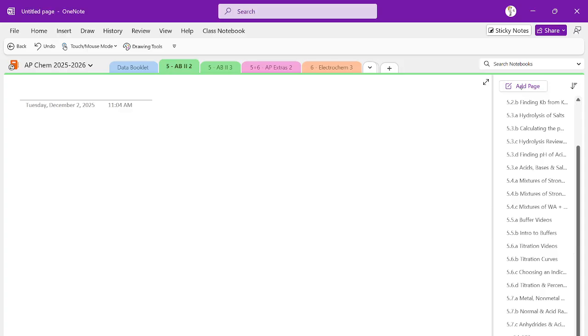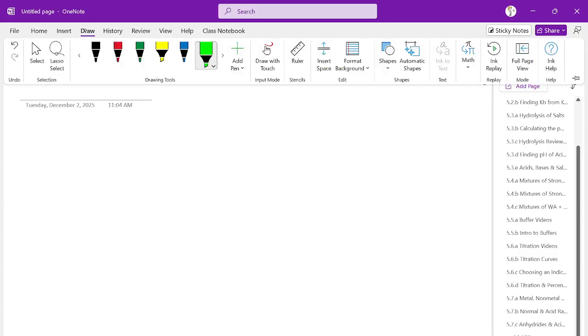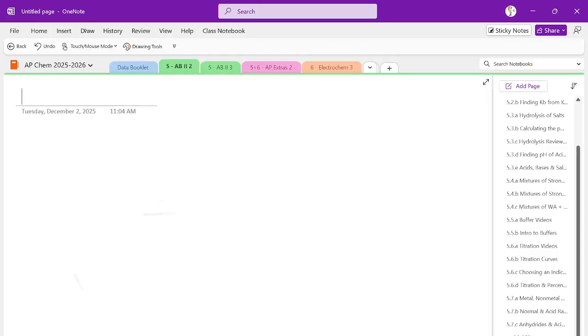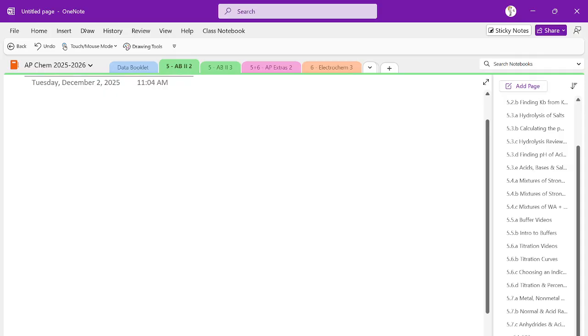Okay, so what if we had a weak base plus strong acid? Okay, so now in our flask, we have our weak base.